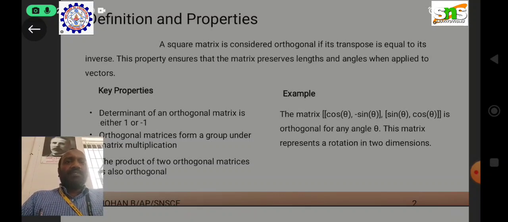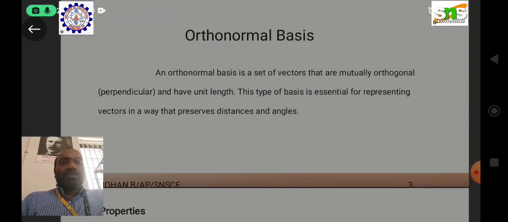So in this definition, it is orthogonal, and the properties are that the determinant of an orthogonal matrix is either 1 or minus 1, and the product of two orthogonal matrices is also an orthogonal matrix.